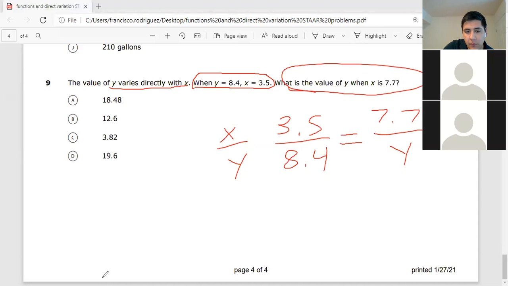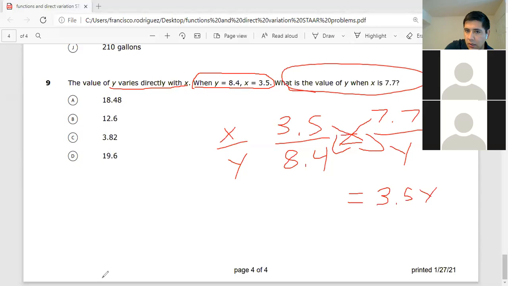Wouldn't you have to divide it by 7? No, wait, no. Before that, we need to do our cross multiplication. So wait, the only thing you're cross multiplying is 4 and 5, 5 over 4, right?